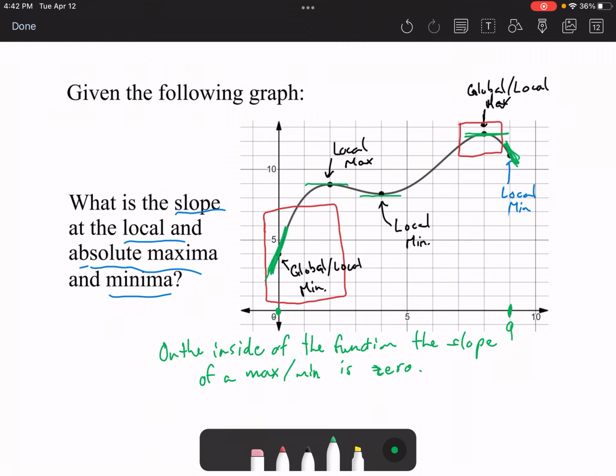So what this means is if we can find out where our derivative is equal to 0, so notice that the derivative for this function would equal 0 at each of these spots, then we'll be able to find most of the local maximums and minimums. The other part is just to find out where on this specified domain, check those points as well.